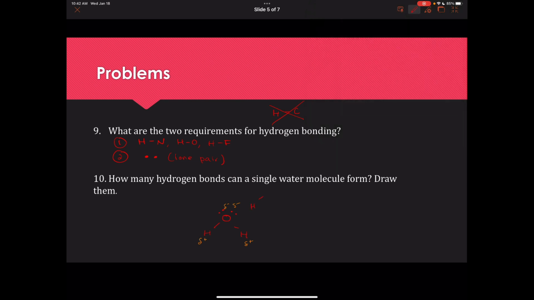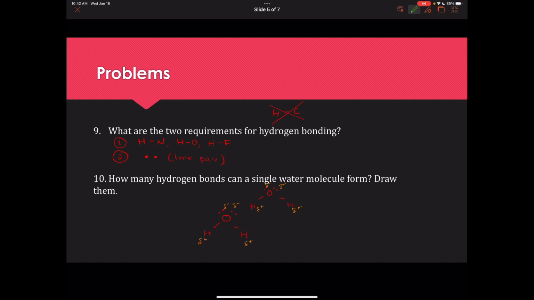If I have some neighboring water molecules, the hydrogen bond initiates by the attraction of very negative oxygens to very positive hydrogens.